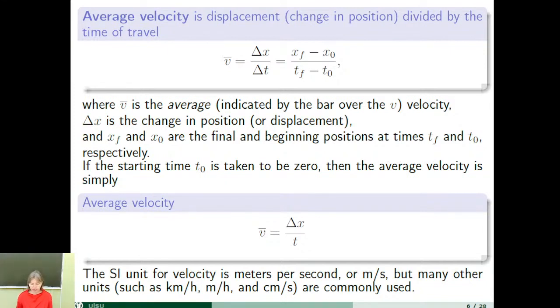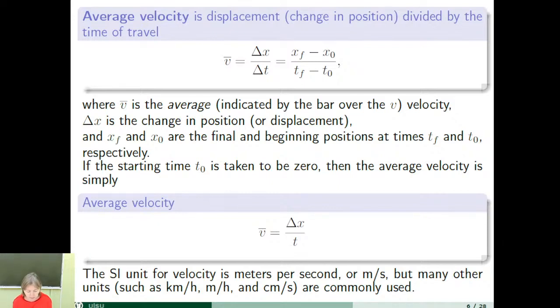If the starting time t0 is taken to be 0, then the average velocity is simply delta x divided by t. The SI unit for velocity is meters per second.